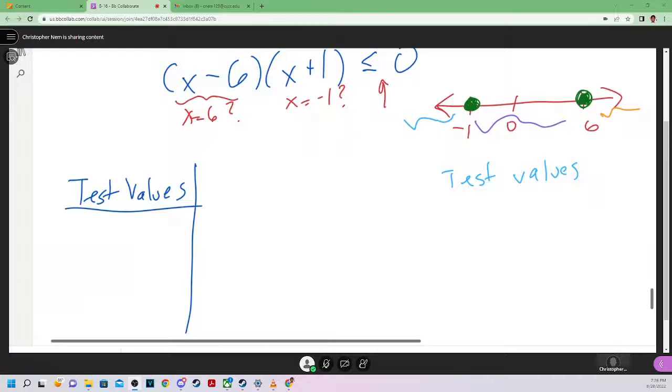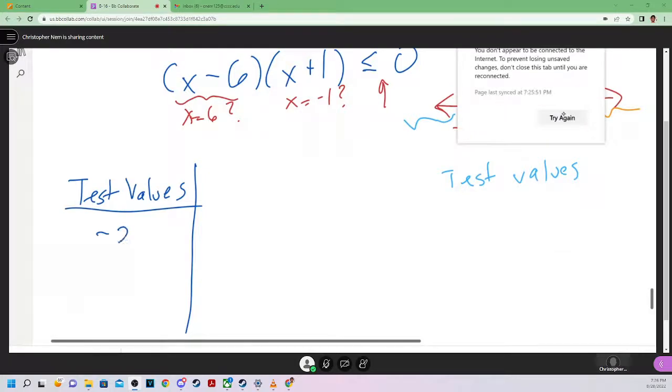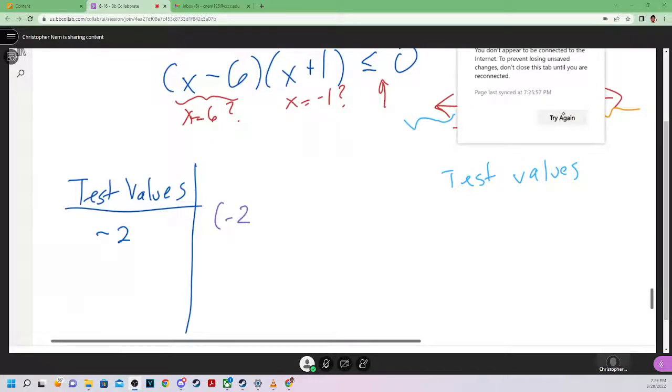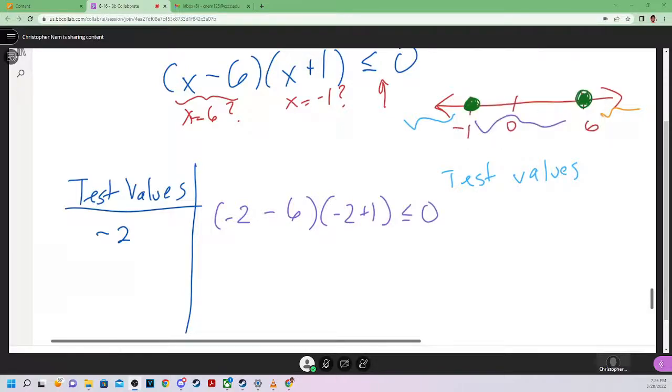Let's choose negative 2. If I were to choose negative 2, I would have negative 2 minus 6 times negative 2 plus 1 is less than or equal to 0. Is this statement true? Well, let's solve it out. What is negative 2 minus 6?